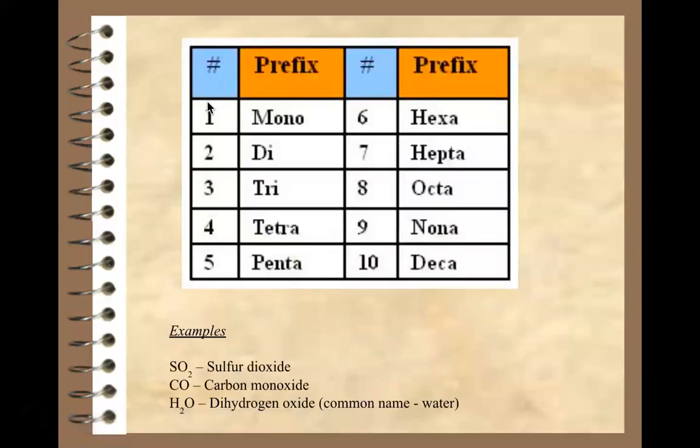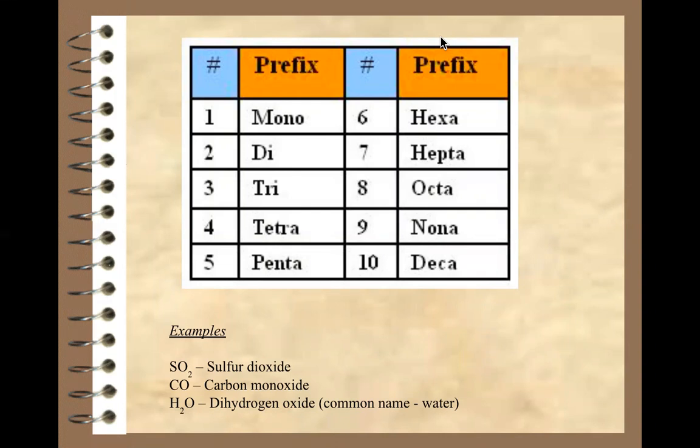So if it is 1, the prefix is mono. For number 2, di. And number 3, tri. See tricycle, triangle. Then 4 means tetra. Tetrahedron means 4 faces, 4 sides. Then pentagon.